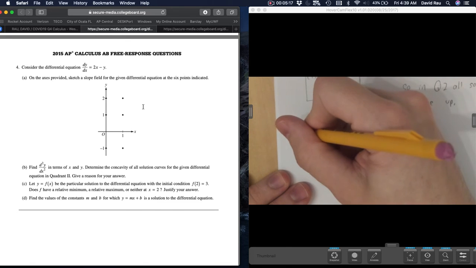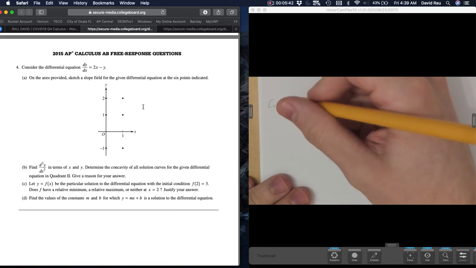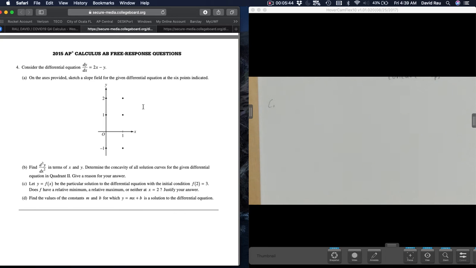So let's look at part C. We'll check everything at the end. So we have a particular solution with that initial condition. Does it have a relative minimum, maximum, or neither at 2? Okay, so this is kind of interesting because if we want to know whether it's a relative minimum, maximum, or neither, I'm just going to calculate two things.